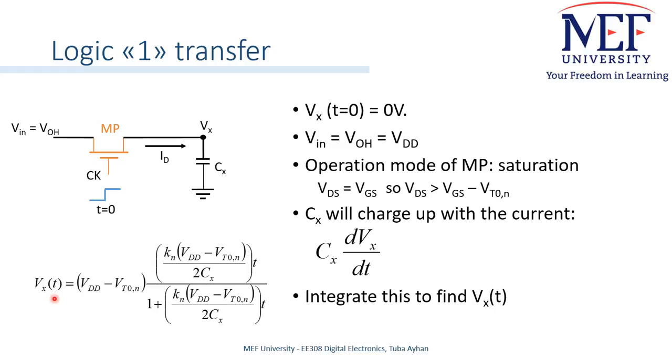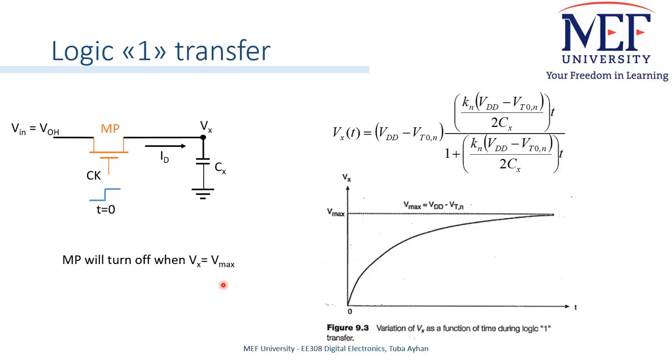As we can expect, the voltage level at this point is a function of VDD, Vt0 of MP, Kn of MP, and this capacitance value Cx. The maximum value that Vx can take is VDD minus Vt0 of this NMOS.